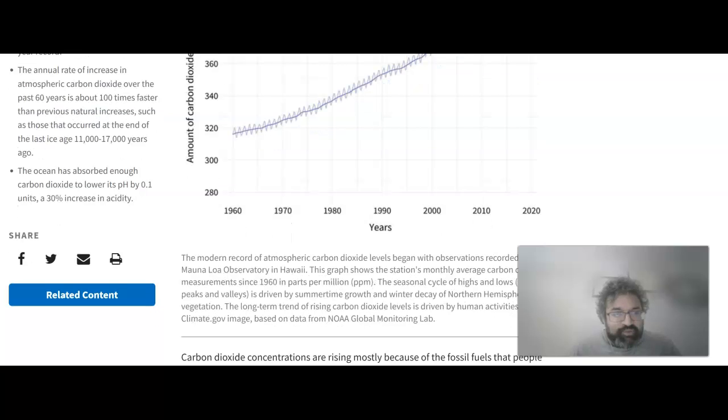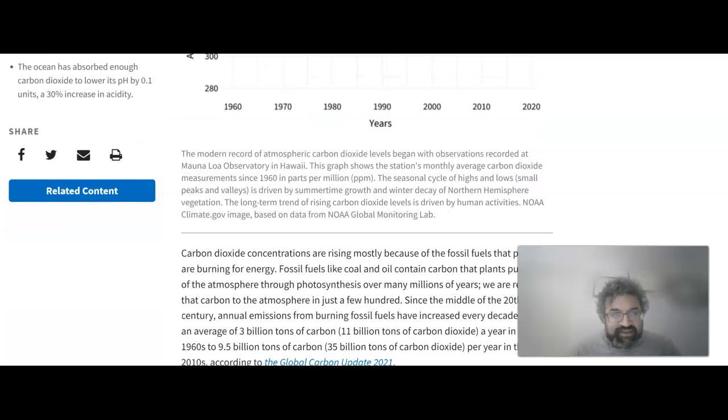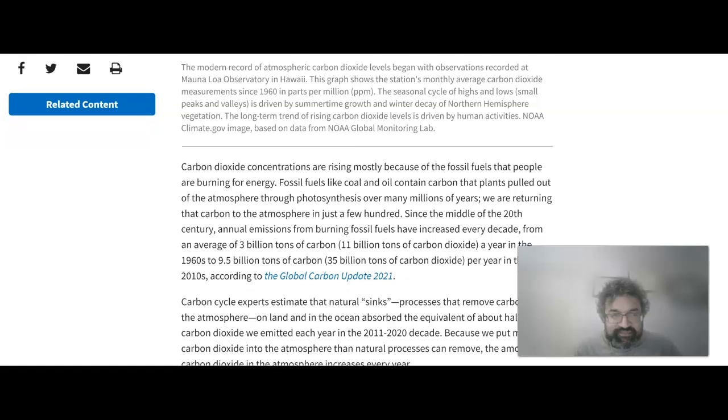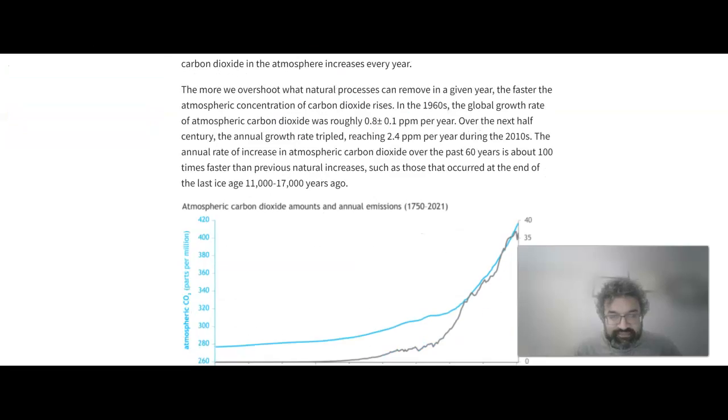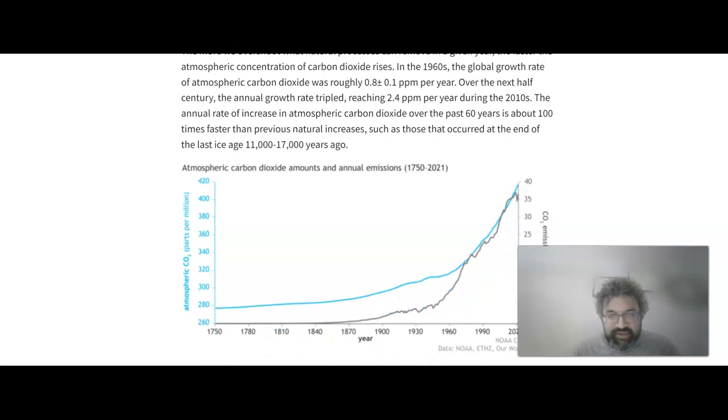So 0.1 unit, a 30% increase in acidity. And then you have atmospheric carbon dioxide parts per million, atmospheric carbon dioxide amounts and the annual emissions.